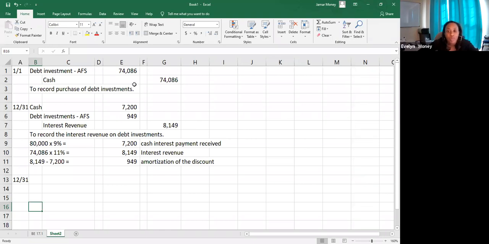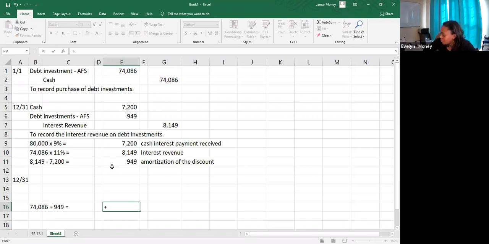The carrying value is no longer the $74,086. Why? Because I've amortized this bond already. So I need to add in my amortization of $949. And I think it's $949.46, but close enough. I'm going to add those two numbers together. What's this? That gives me my new carrying value.